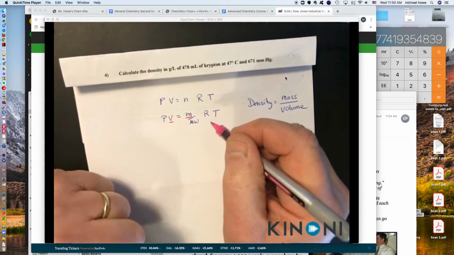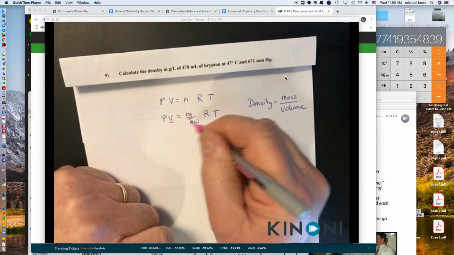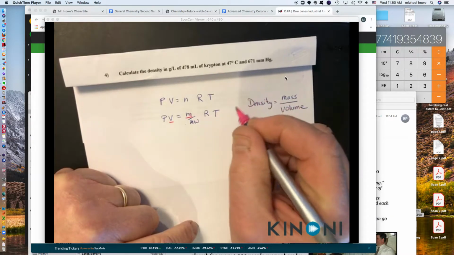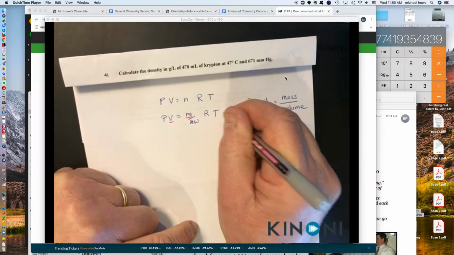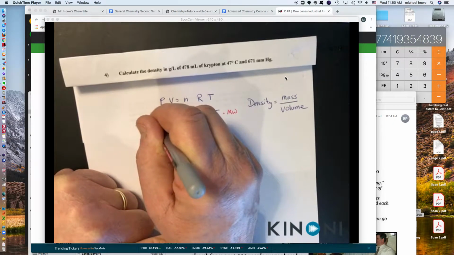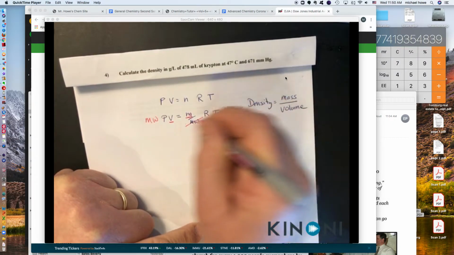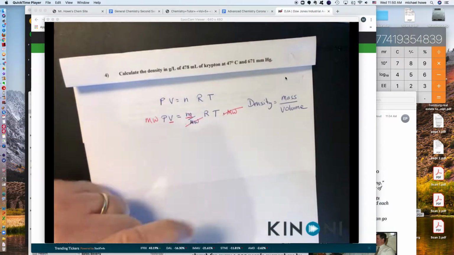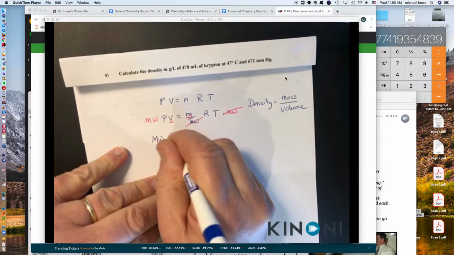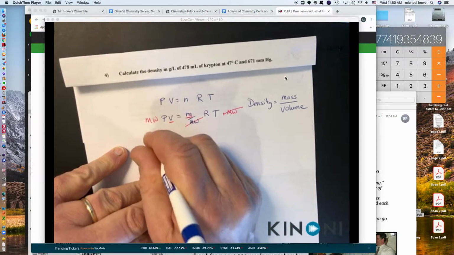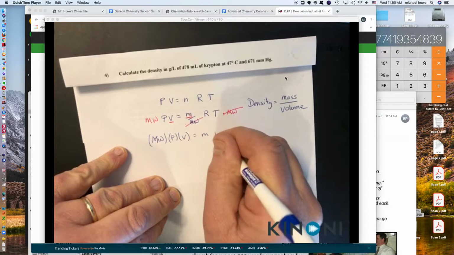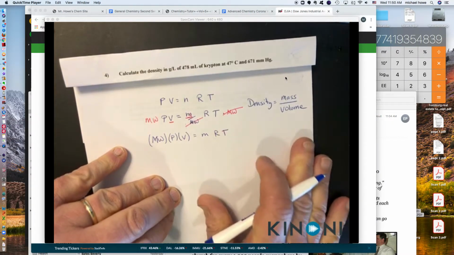Using your algebra skills, how do we get rid of the molecular weight? How do we, what I called in a previous video, clear the denominator? So we're going to multiply both sides by molecular weight. Molecular weight cancels, and now I have molecular weight, P, I'm going to put parentheses so I can keep all the variables separated, V equals mRT.